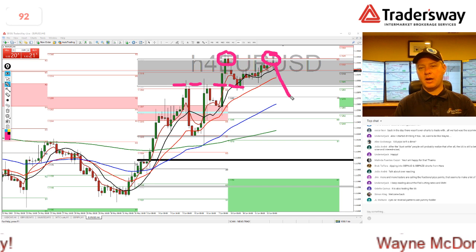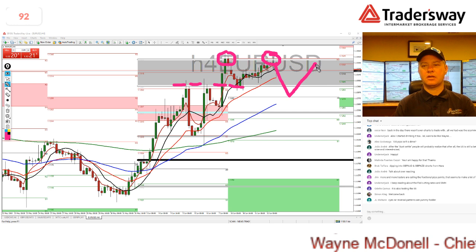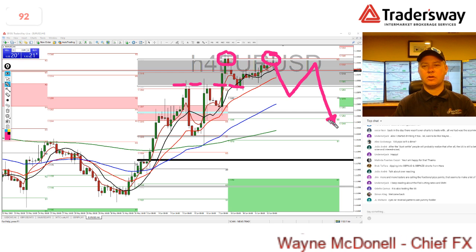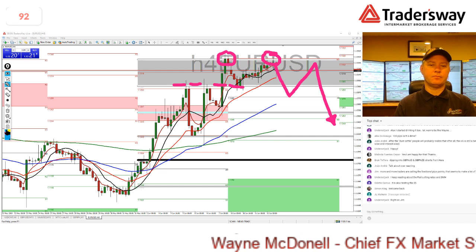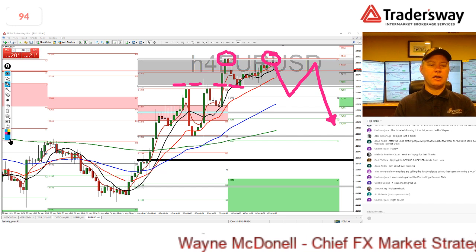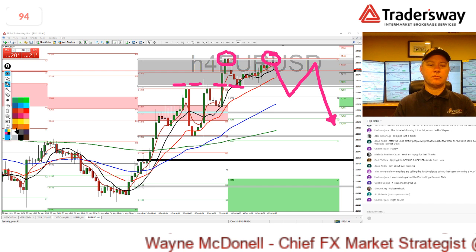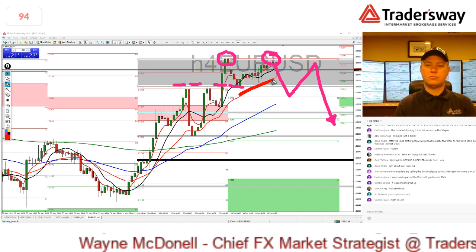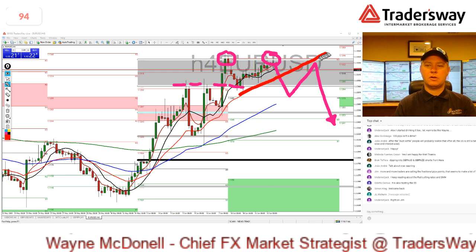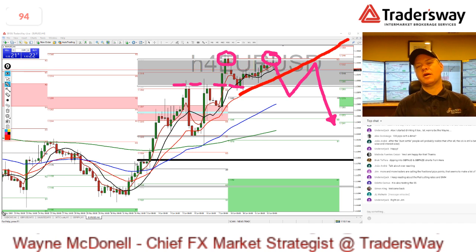We need to drop down to this 55, in which case we'll probably do something like that in the future, or it's going to break and ride the 21. And no, I can't tell you which one. It'll probably look something like that.